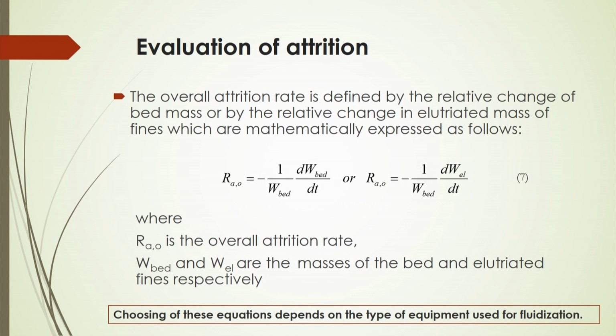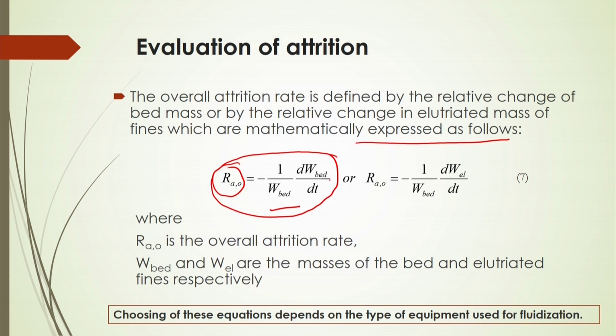The overall attrition rate is defined by the relative change of the mass of the bed, or by the relative change in the elutriated mass of fines, which are mathematically expressed as follows. We have already given this earlier also. R A 0 is the overall attrition rate, and that will be equal to 1 by W bed into d W bed by d t.